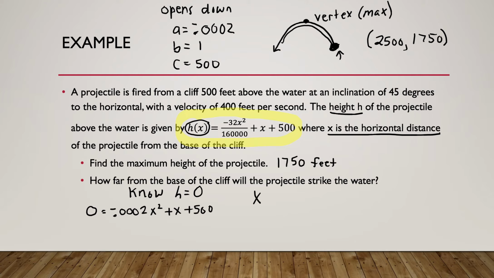All right, so I'm going to write my quadratic formula down. And I'm going to plug in. All right, so everywhere there's a b, I'm going to be putting a 1.